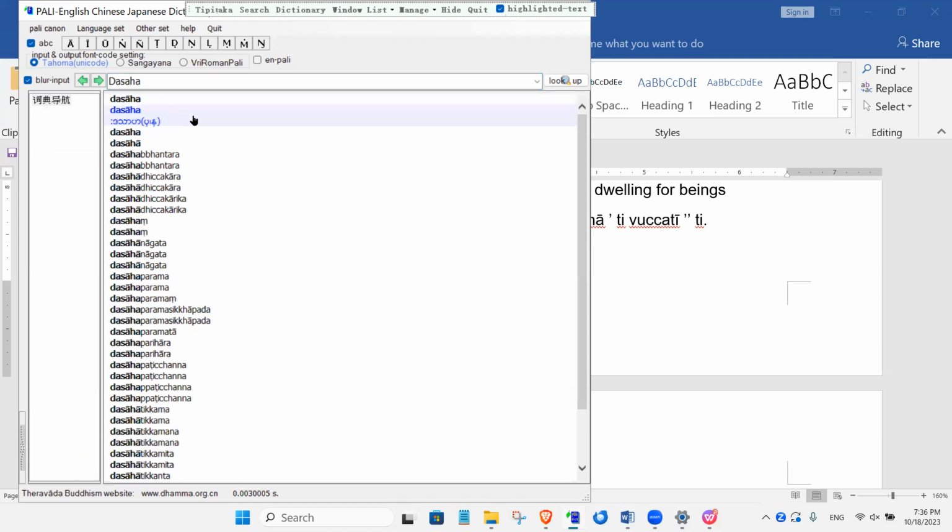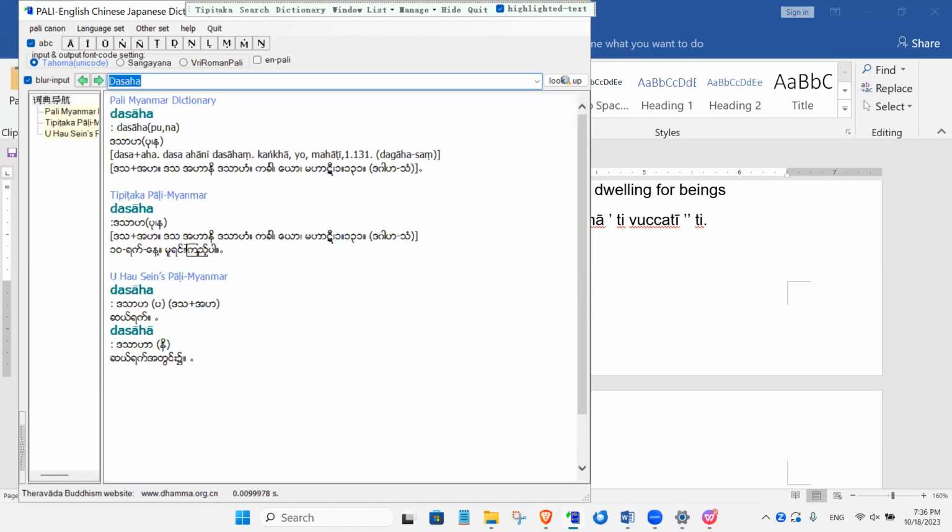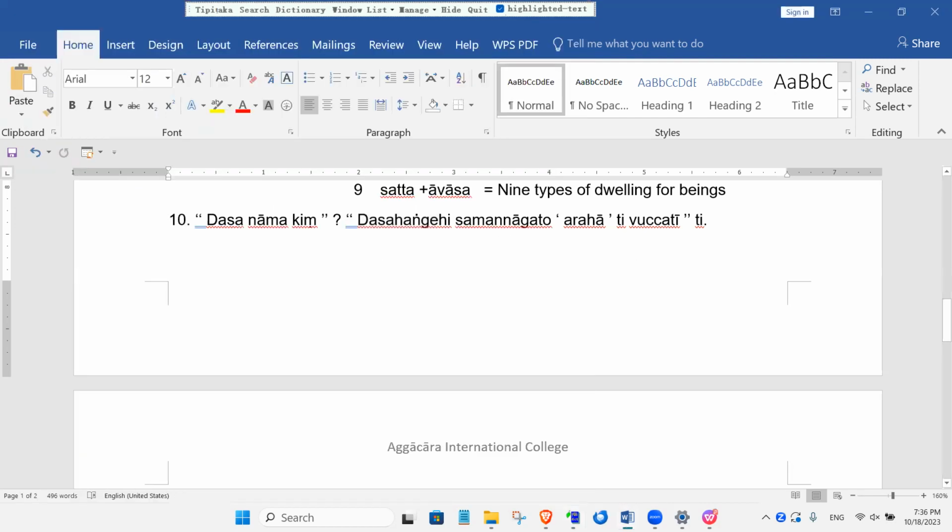What is dasahi? 10 days? It shouldn't be 10 days. Dasa anga should be 10 factors, okay. We say 10 attributes.